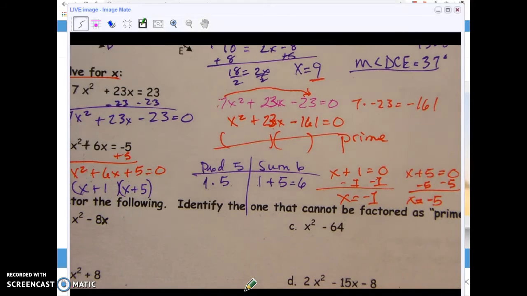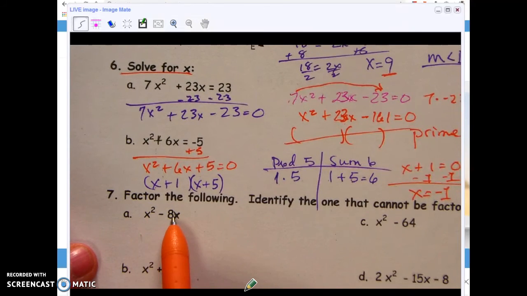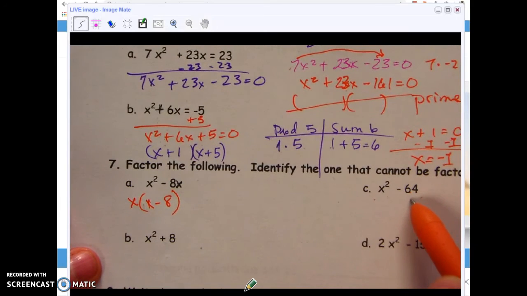So when I'm just looking at these, I want to just see, do I have common numbers in them? That does have a common number. There's 2 x's here, 1 there. So it's definitely factorable. And this, x squared minus 64, I've got a perfect square root here and a perfect square root there. So, product sum, x will go here, x will go there.